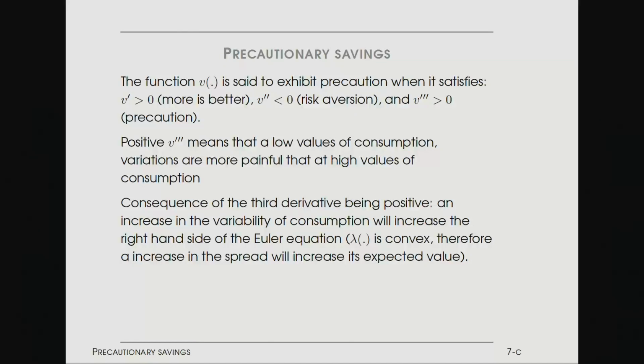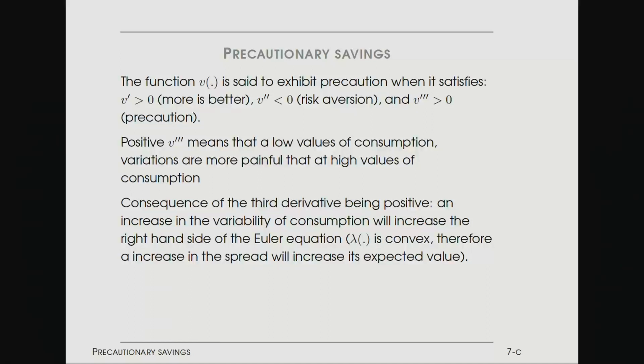Why are we interested in the third derivative? Well, it's because our Euler equation is expressed in terms of the second derivative. So we want to say something about it using our famous looking at arc things. We need to say something about the second derivative in the Euler equation, to use the Euler inequality.